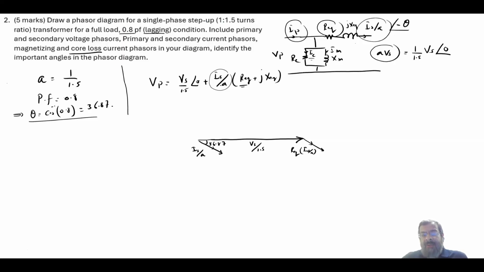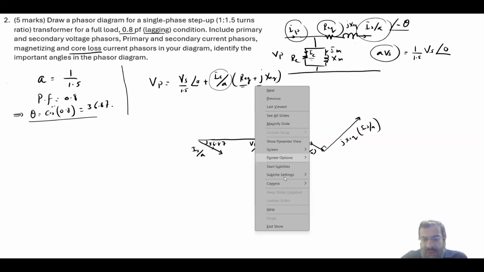Then we will have IS over A times jX equivalent. This would be a vector 90 degrees with, so this is your jX equivalent times IS over A. Now, why is it 90 degrees? Because of the j. j is nothing but 90 degrees.